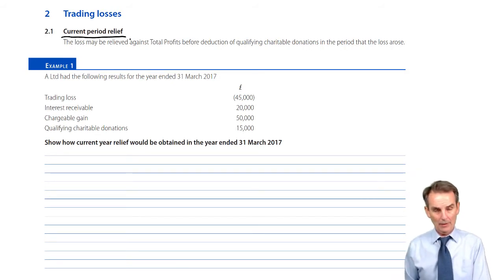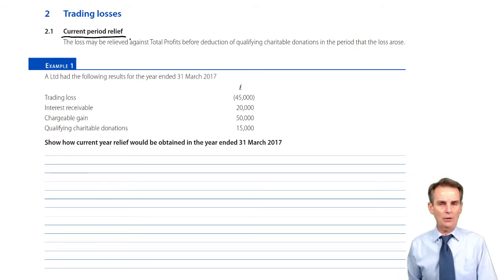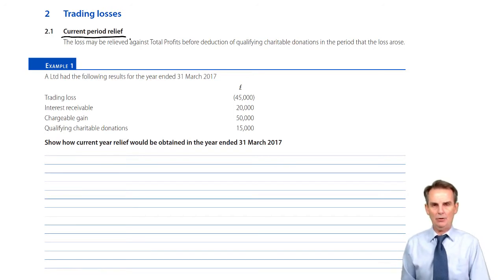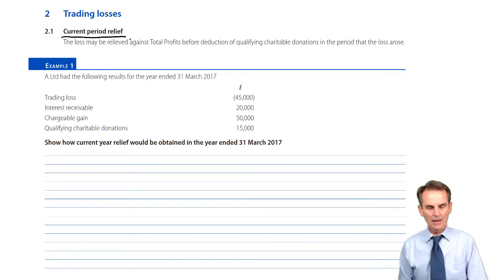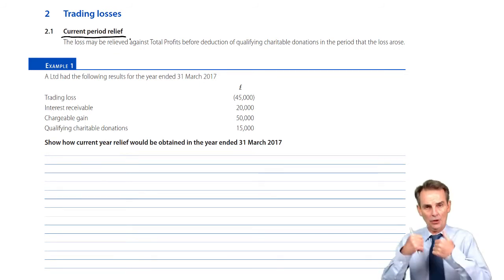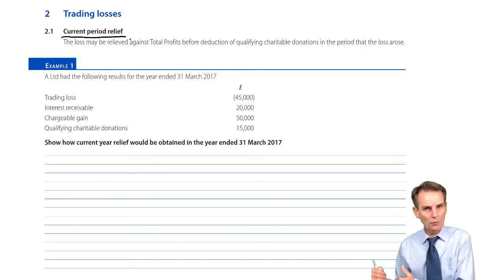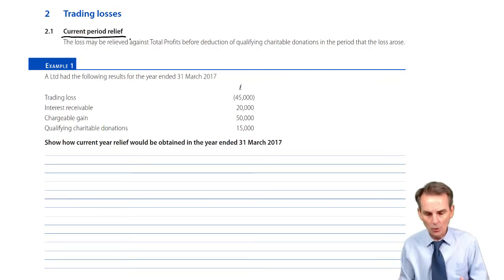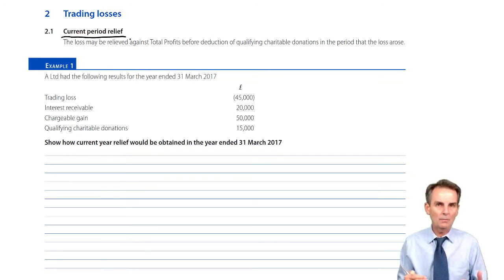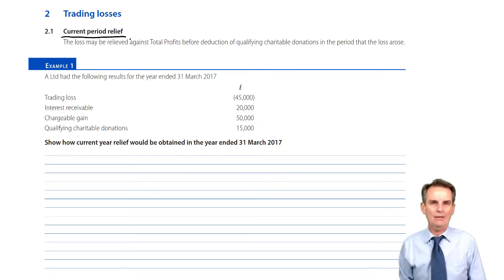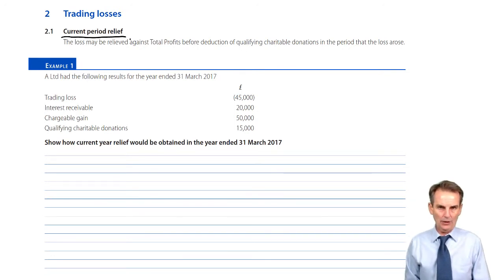You would have probably at least one, if not two periods prior to it, so earlier accounting periods, and maybe even projected figures for the next period. This is to test your awareness and ability to apply loss reliefs in the current period claim, carry back claims, carry forward claims. So it's usual to see 2, maybe even 3 or 4 accounting periods of information provided.